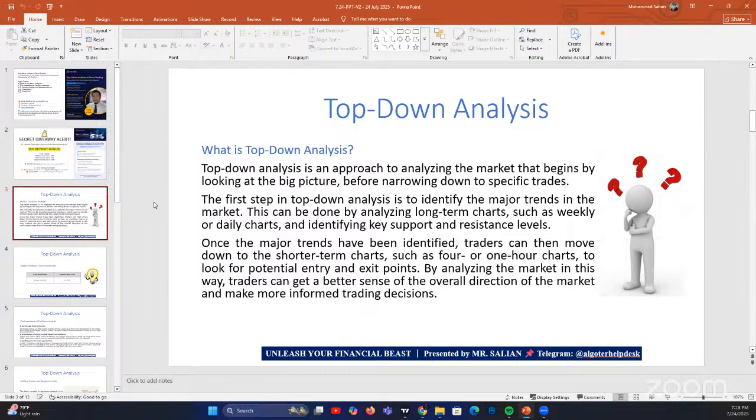You will go to the highest building, to the rooftop, to see the overall size and the magnificence of that view, right? Or you go by helicopter, by plane. So you will get all this view very well. So before narrowing down to specific trades, the first step in top-down analysis is to identify the major trends in the market.